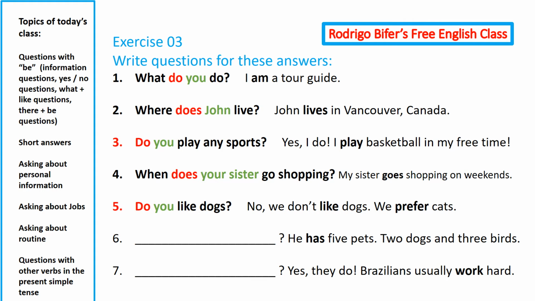Number 6, he. Now it's a third person singular, he has 5 pets. Has is the conjugation for the verb have. In the third person singular we say has. He has 5 pets. So here I'm interested in the number of pets.